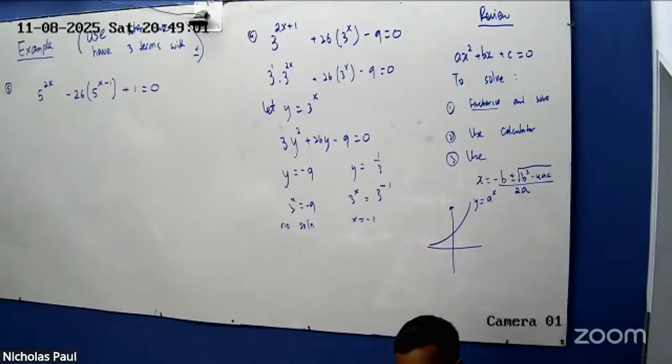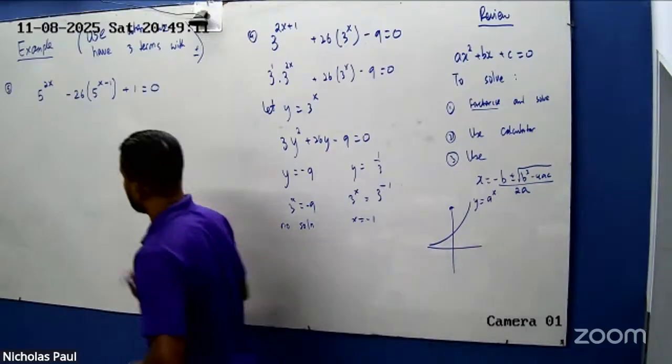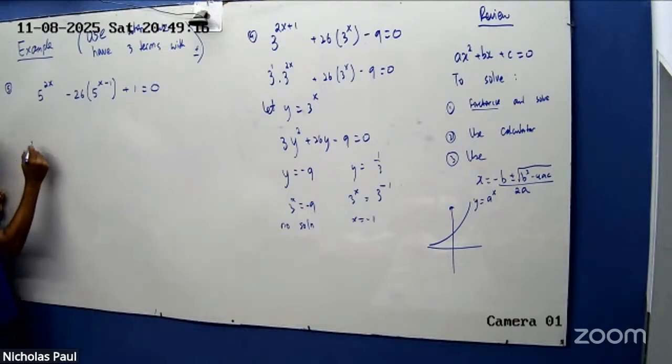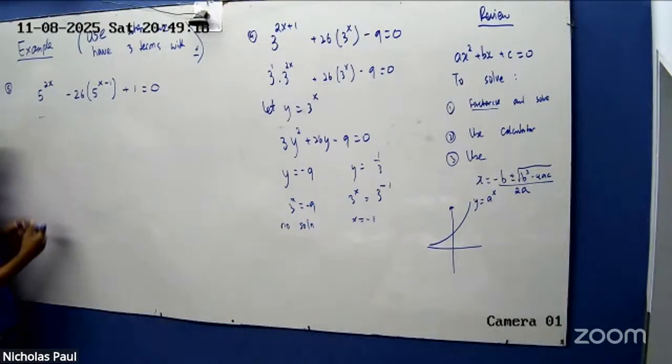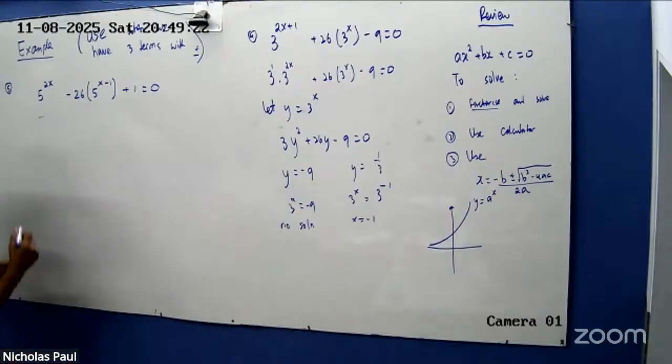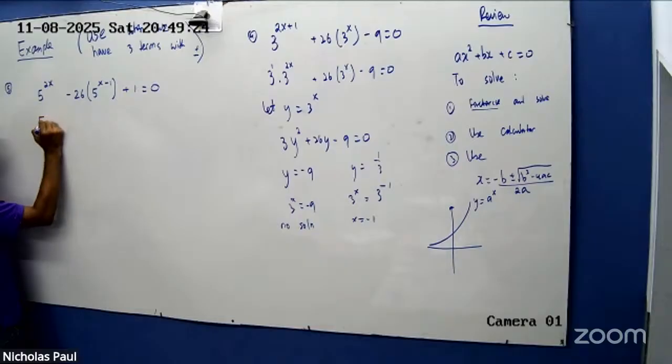That'll be over 5. Right, so to make a substitution, simplify it out first. This is 5 to the 2x, nothing wrong there.